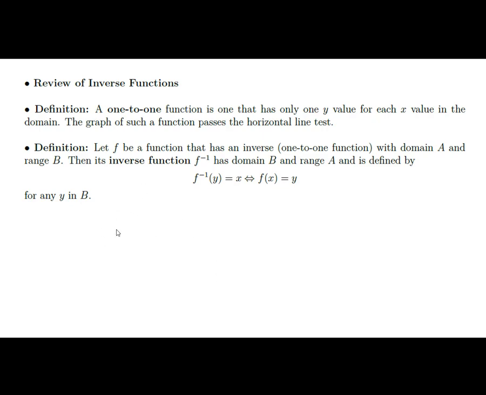As an example, if I have a line, let's say y equals 2x, this is one-to-one, because for any particular y value, there's only one x value that goes with it.